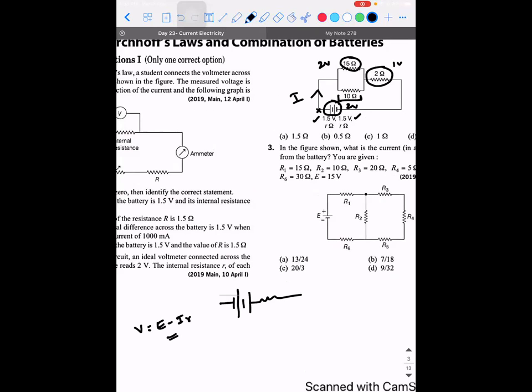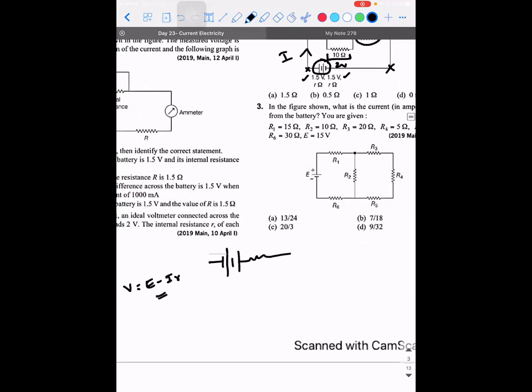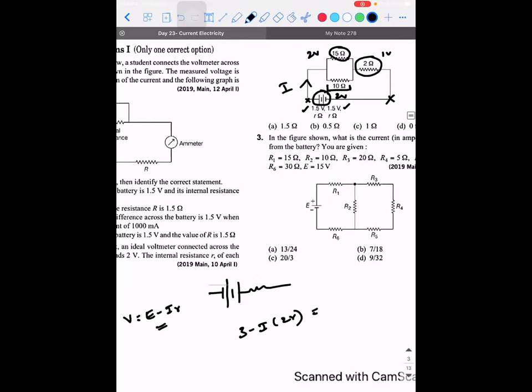So what is the total potential drop across this battery? Is it not 3 minus I into 2R? So 3 minus I into 2R is equal to how much?